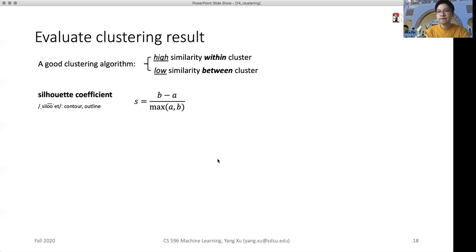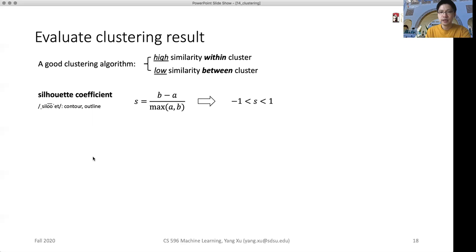It's a very simple quantity computed as a ratio of two real numbers, b and a.